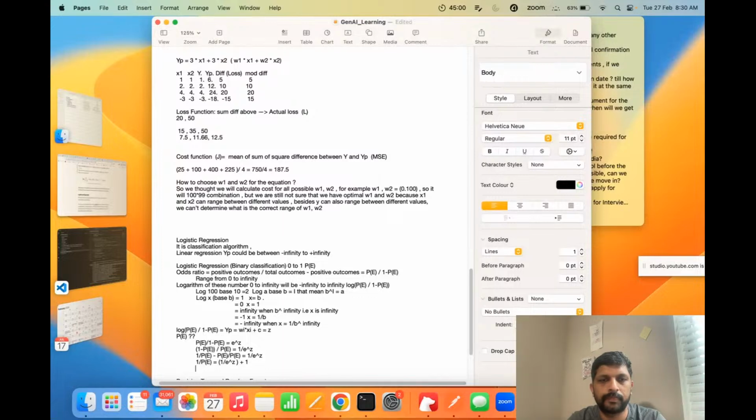So this is nothing but E power minus Z plus 1, correct? So P of E is equal to 1 by 1 plus E power minus Z, which is nothing but our sigmoid function.